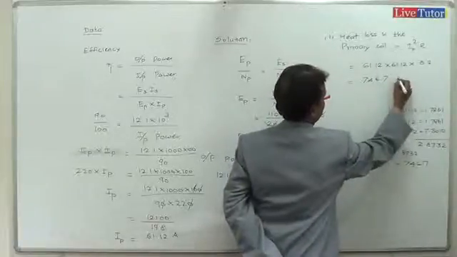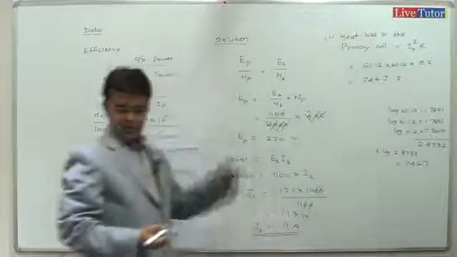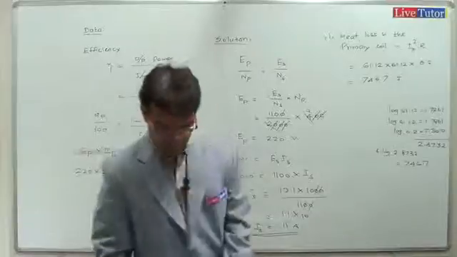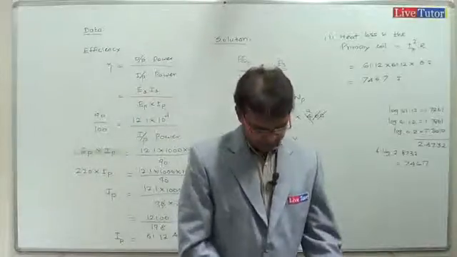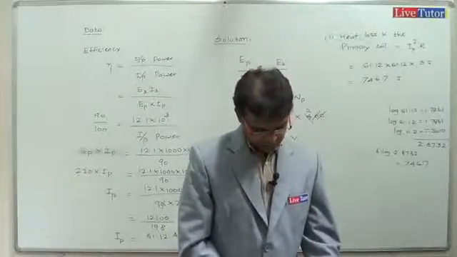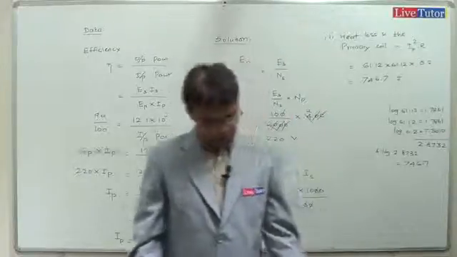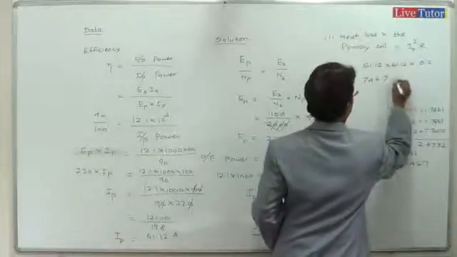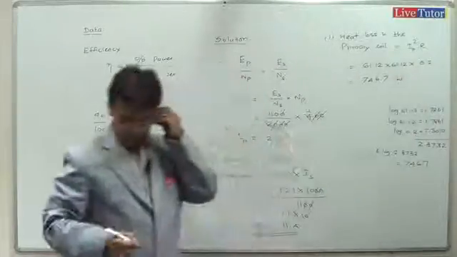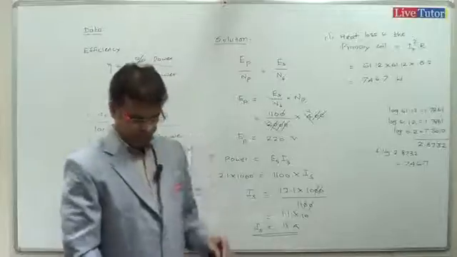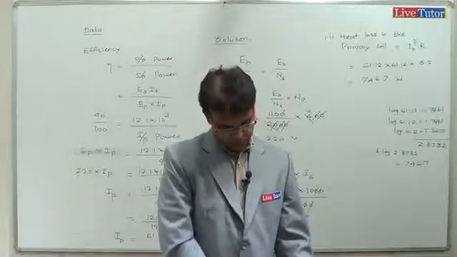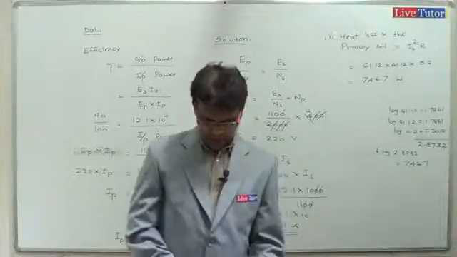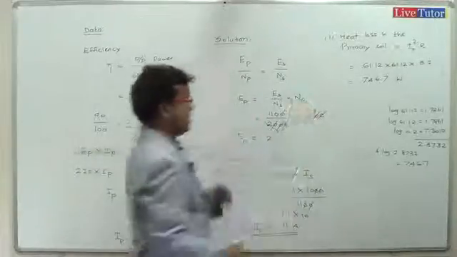Heat is in terms of joules. Joules or watt? In terms of watt. So write it as watt, 747.